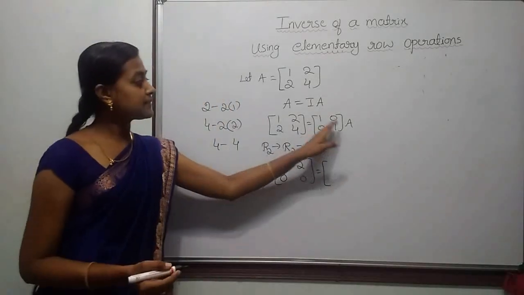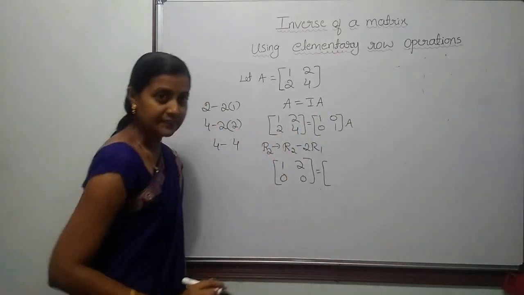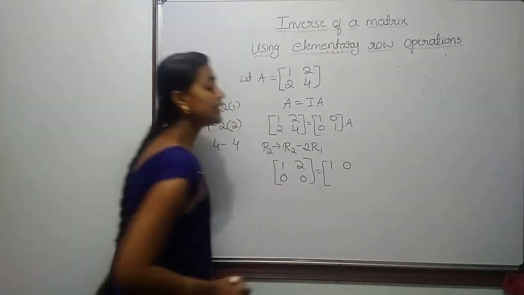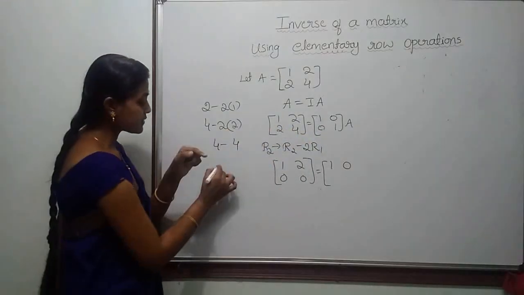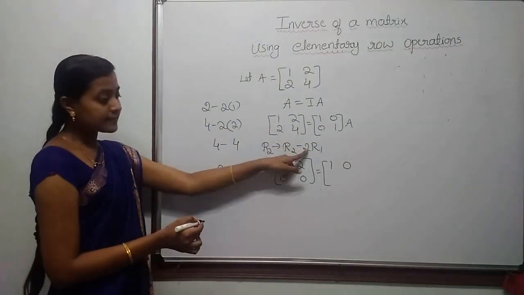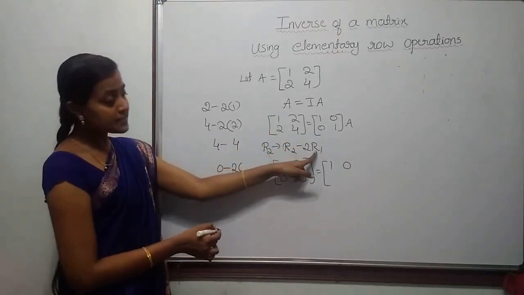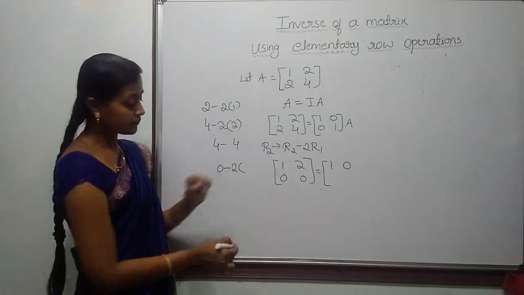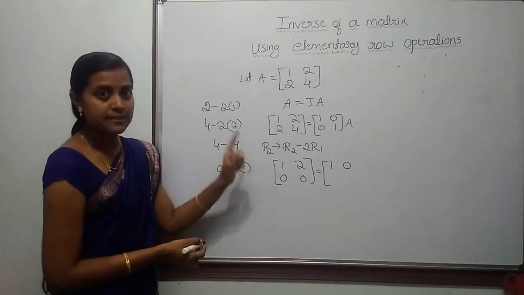Apply the same operations in the RHS. I'll write the elements of first row as it is. In the second row, first element of R2 is 0, minus 2 as it is. R1, first element of R1 is 1. 0 minus 2 into 1 is minus 2.